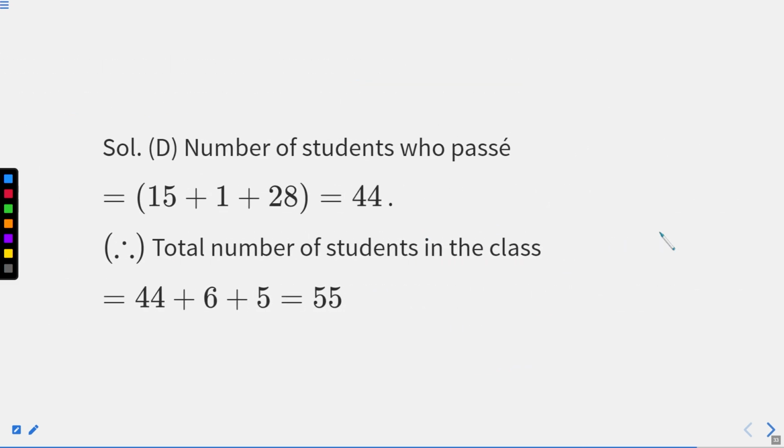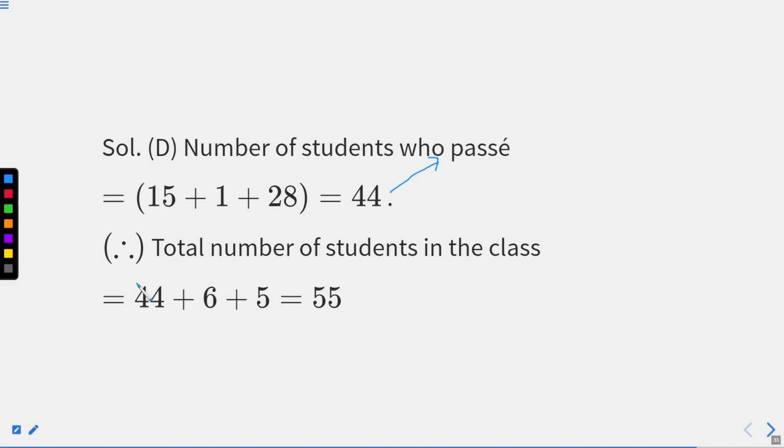Here you have everything typed for better understanding, right? The number of students who pass: 15 plus 1, that is 16th from the top, 28 plus 1, that is 29th from the bottom. Total of 44 students who pass the exam. The number of students who didn't appear is 6, those who fail are 5.